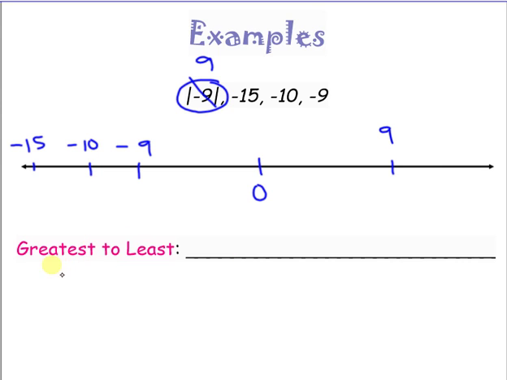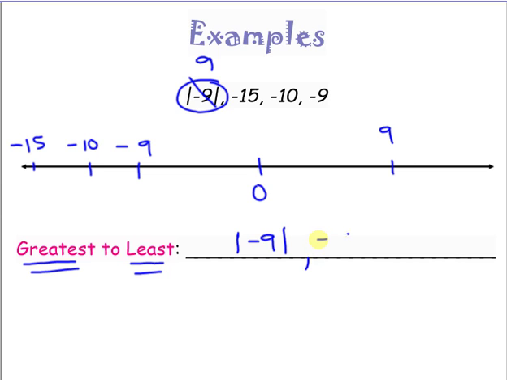Okay? Now it's asking me to go from greatest to least. That's going to be biggest to smallest. So, this is important actually, when you're going back and you're ordering, you remember how I changed this absolute value of negative 9 to 9. Okay, when I'm actually putting down my answer to order them, I need you to go back and put the absolute value of negative 9 so that I know what the original number was.